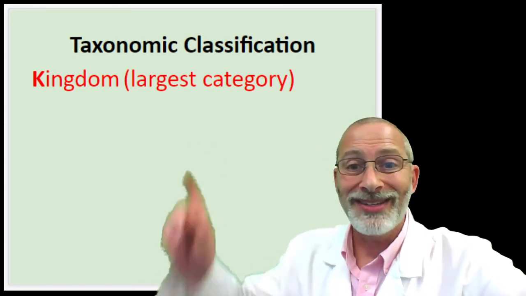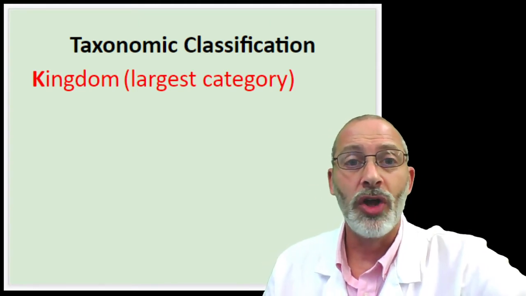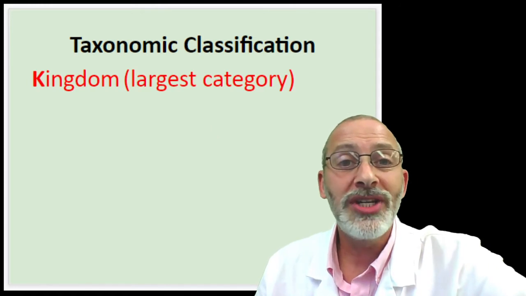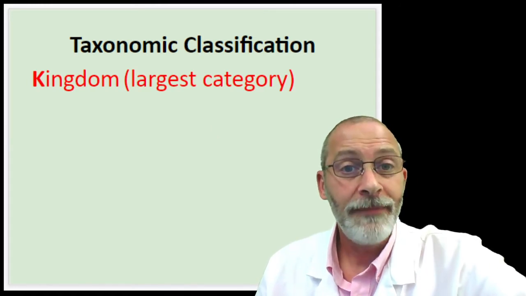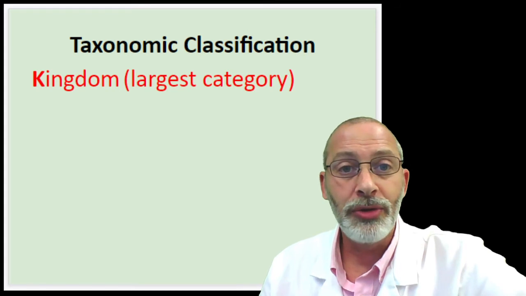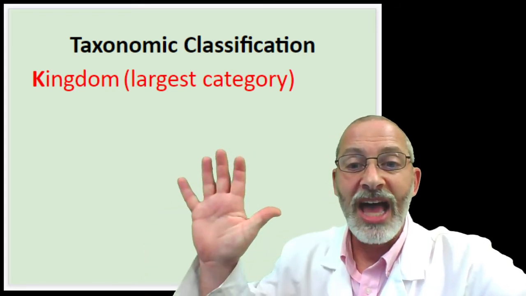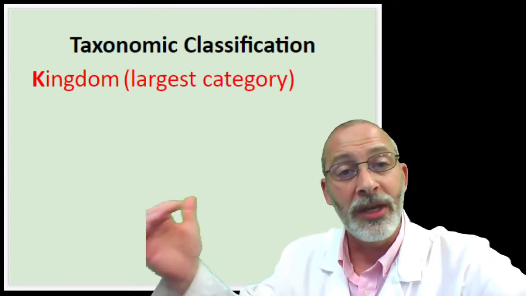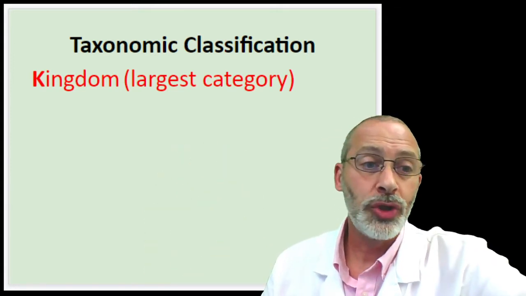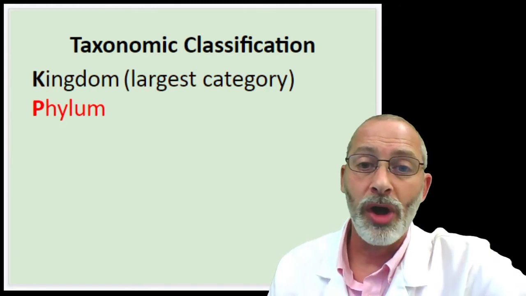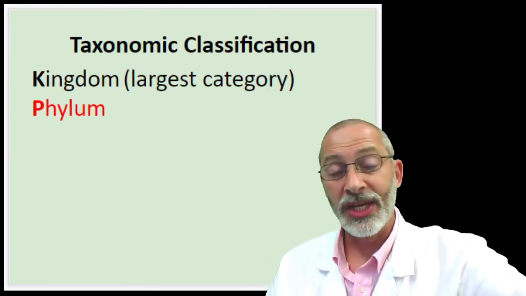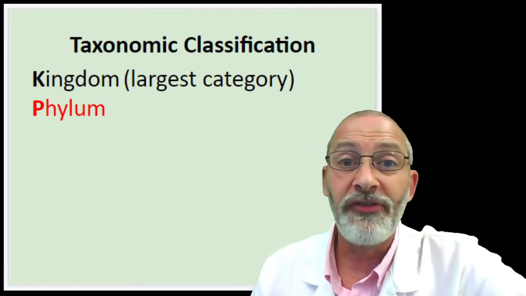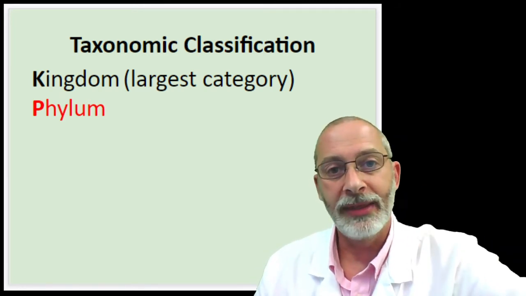So the first taxonomic classification system is called the kingdom. The kingdom is the largest category. Currently, most scientists are in agreement that we have five kingdoms of organisms, and within those organisms, they can be broken down into subcategories that we call phyla, the singular of which is phylum. So one phylum, several phyla with an A at the end.